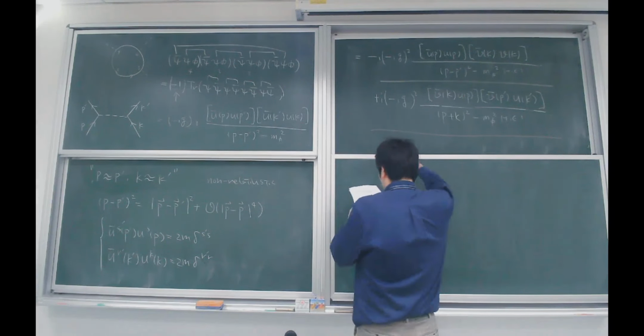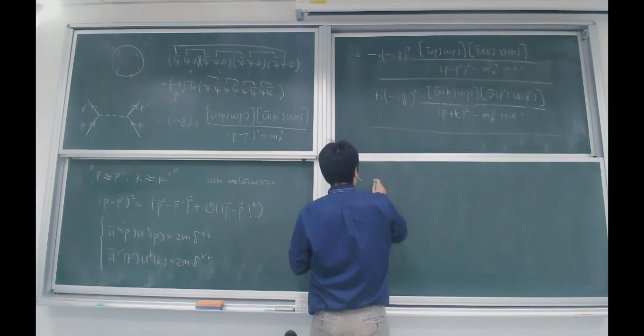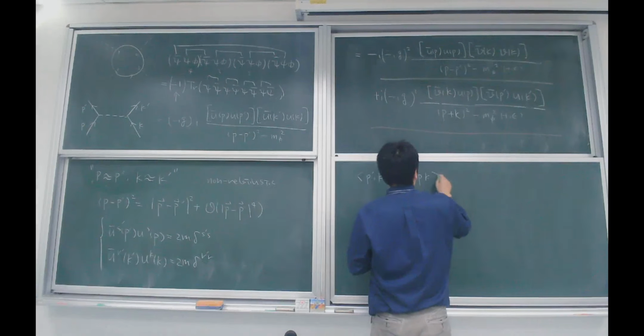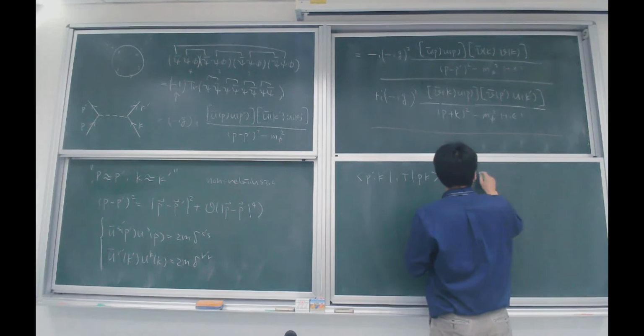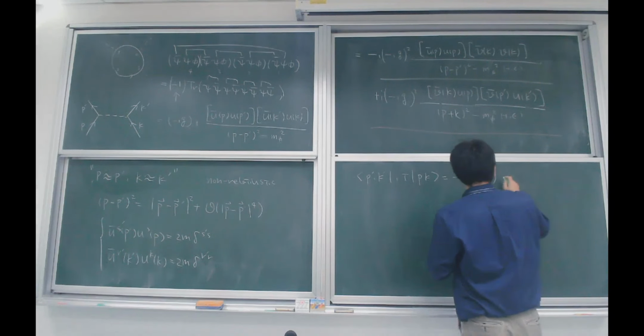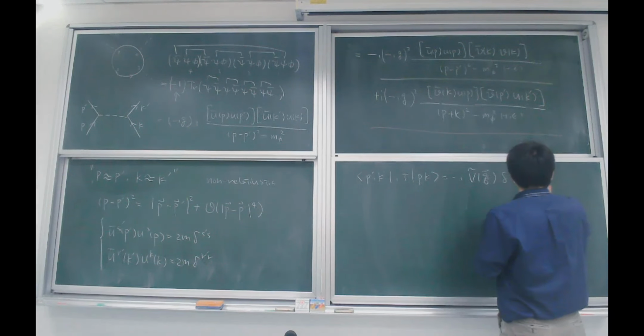The Born approximation is that whatever p prime k prime i t k is equal to minus i times V tilde(q) delta, so this is called the Born approximation.